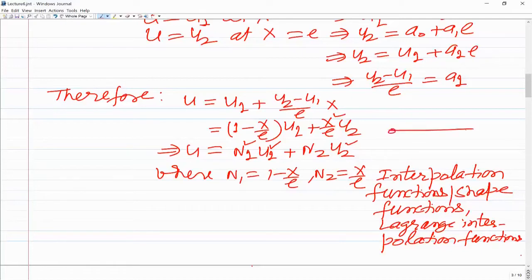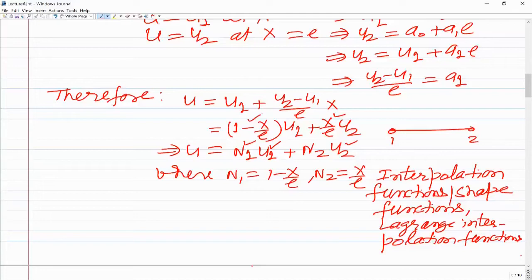So this is the element, this is node 1 and this is node 2. If you want to find the value of u at any point between nodes 1 and 2, we determine that with the help of these functions 1 minus x by L and x by L. That is why they determine the shape of variation of u between nodes 1 and 2 within the element.